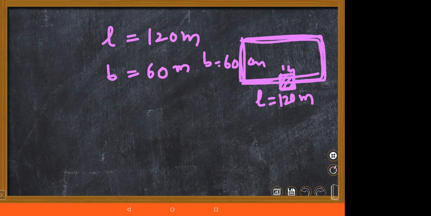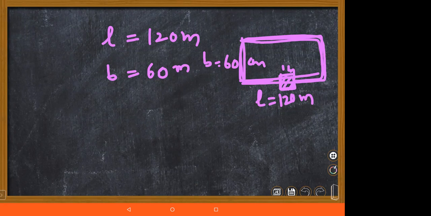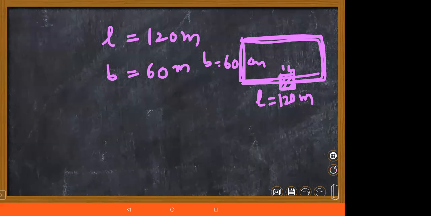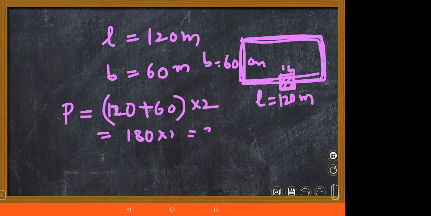Ma'am, we have to multiply 360 with 3 and then minus 3 from it. Very good. Why did you minus 3? Ma'am, because we have to leave 1 meter for the gate, but you told 3 times, so minus 3. Okay. And one more thing: without including the gate length, you get the perimeter as 120 plus 60, which is 180, multiplied by 2 means 360.